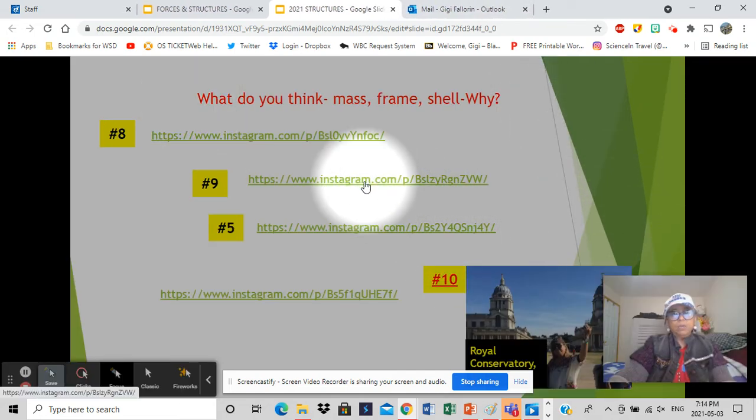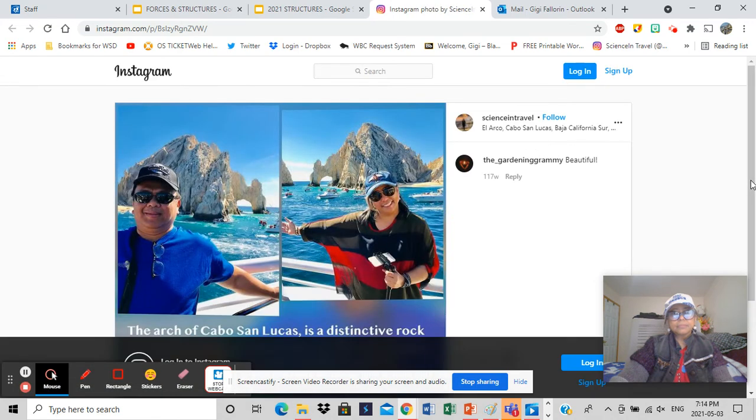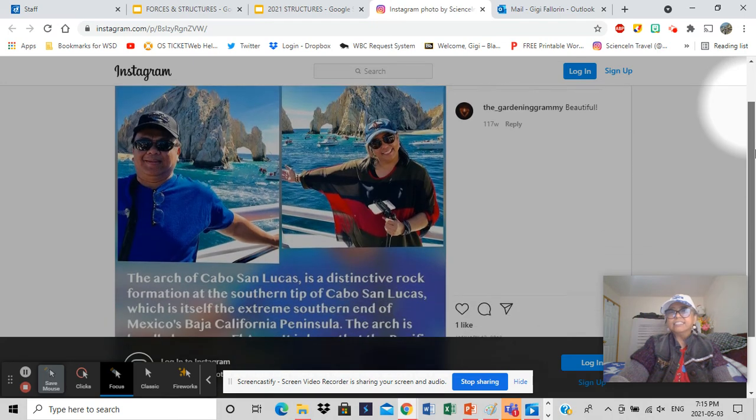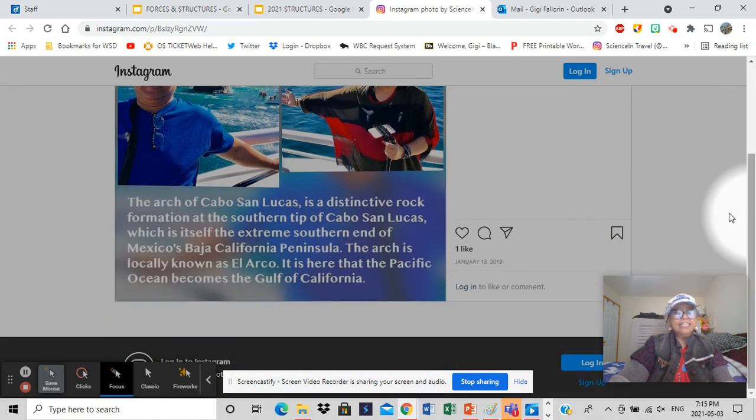Now, number 9, what could it be? This is what we call El Arco, right? And it is in Cabo San Lucas. It says here the Arc of Cabo San Lucas is a distinctive rock formation. So again, mass, shell, or frame?